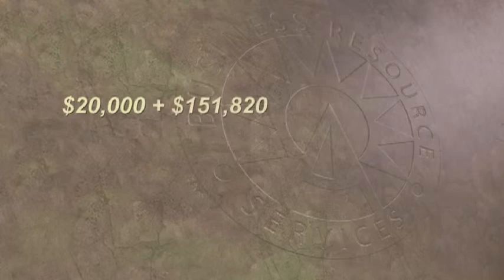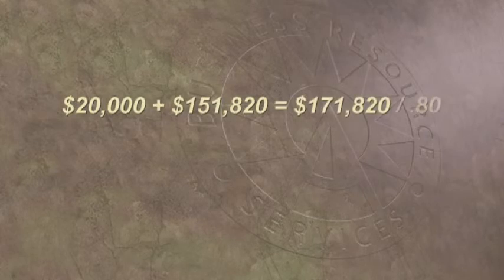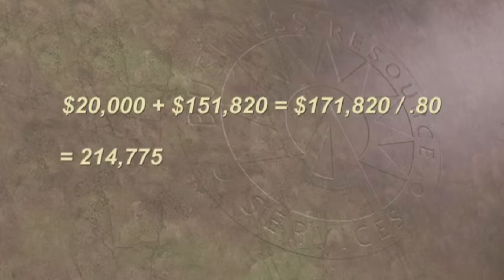We got two ways to do it. Let's talk me through the long way first. Take the 20, add it to what? The 151,820 to get 171,820. Divide it by 0.8 and get what? 214 something, 775.